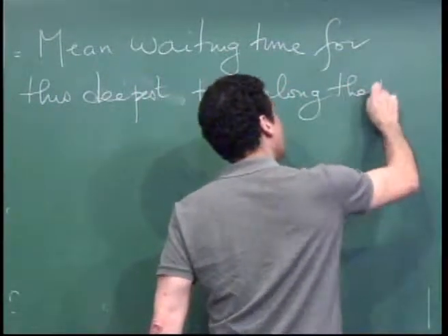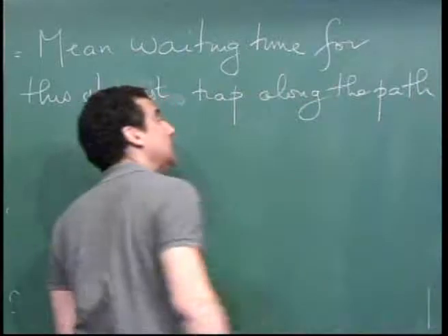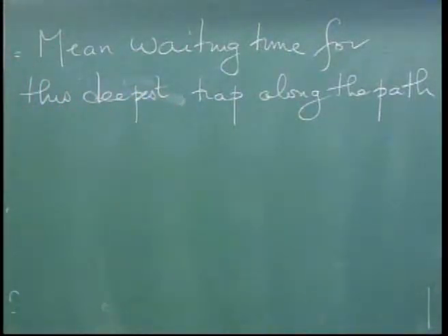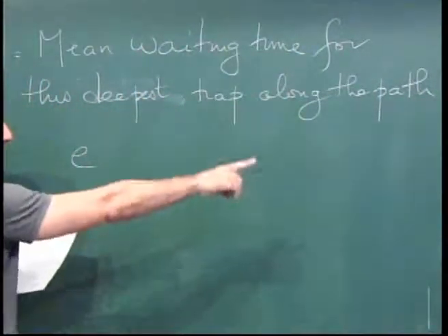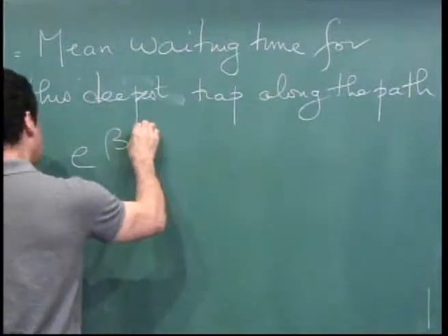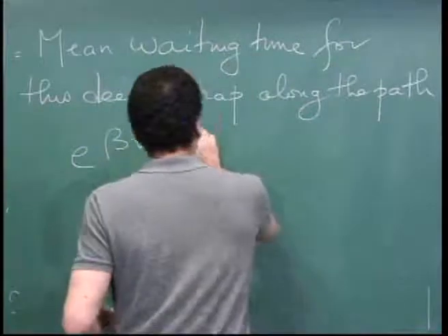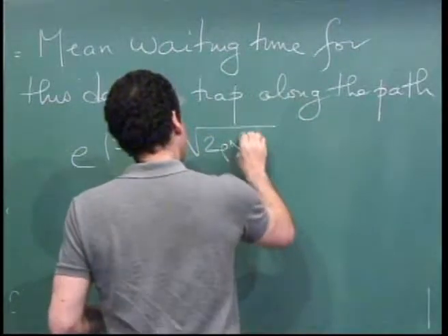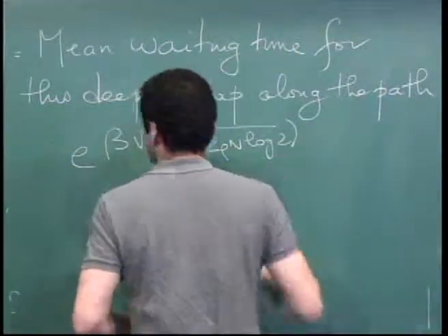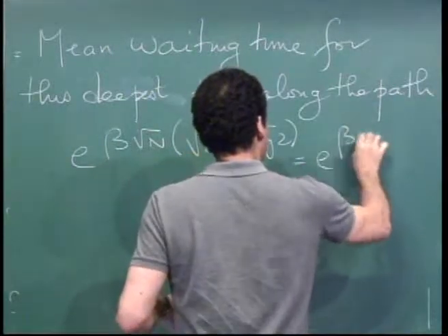So you have this path, you look at the deepest hole, and the time you spend in it, of course, is simply exponential of this. So it's exponential beta square root n times this. And the order of magnitude is square root of 2 rho n log 2. So this is exponential beta n.